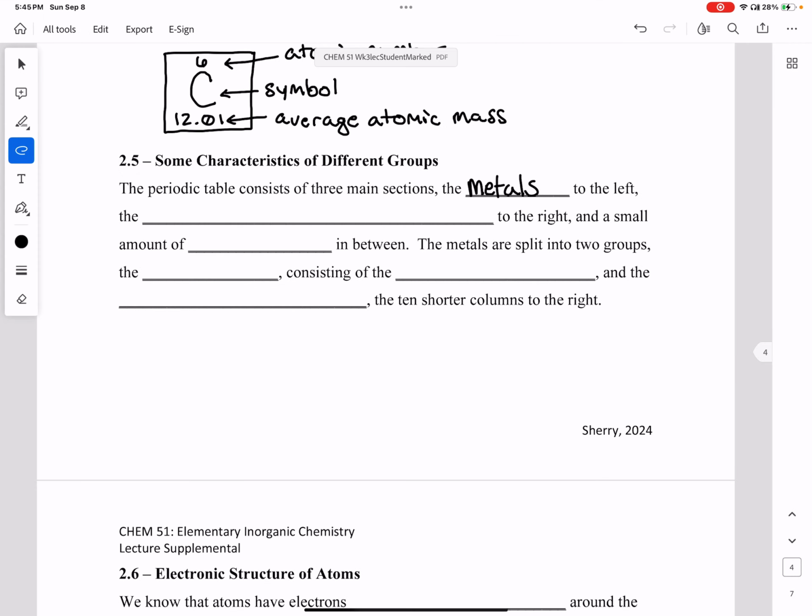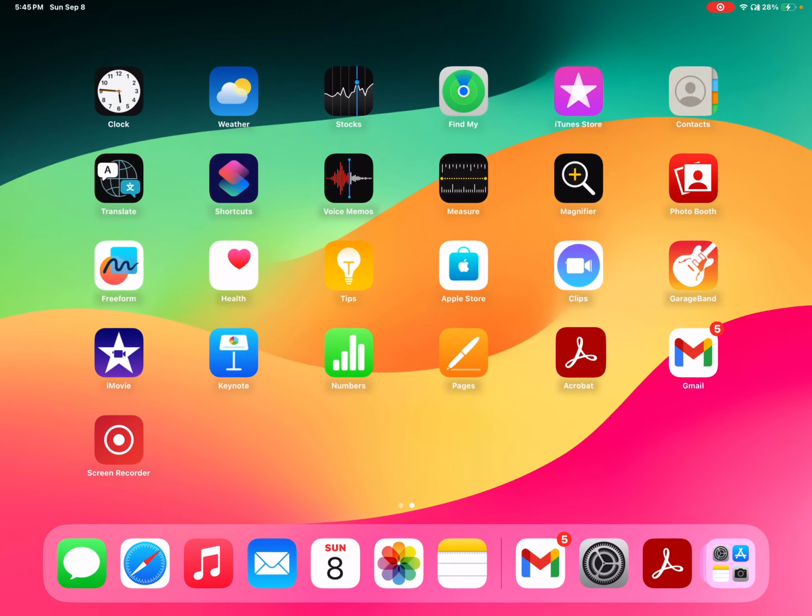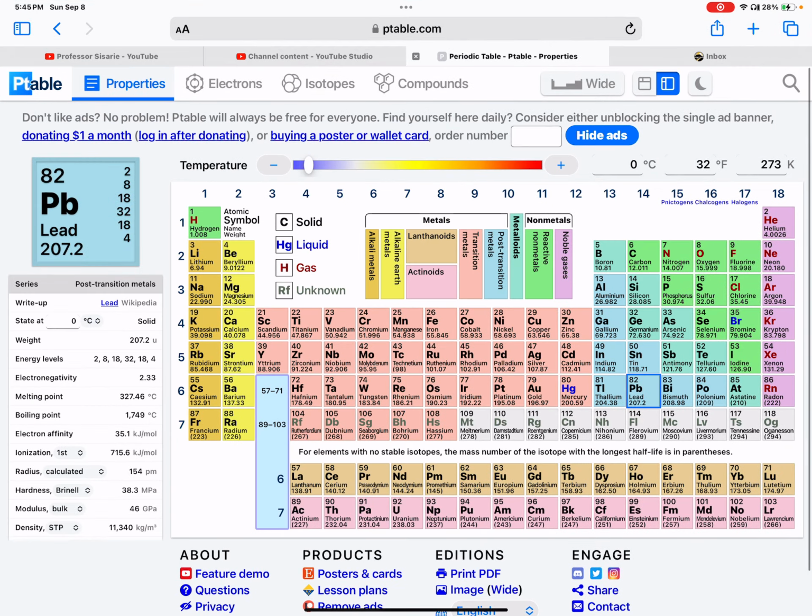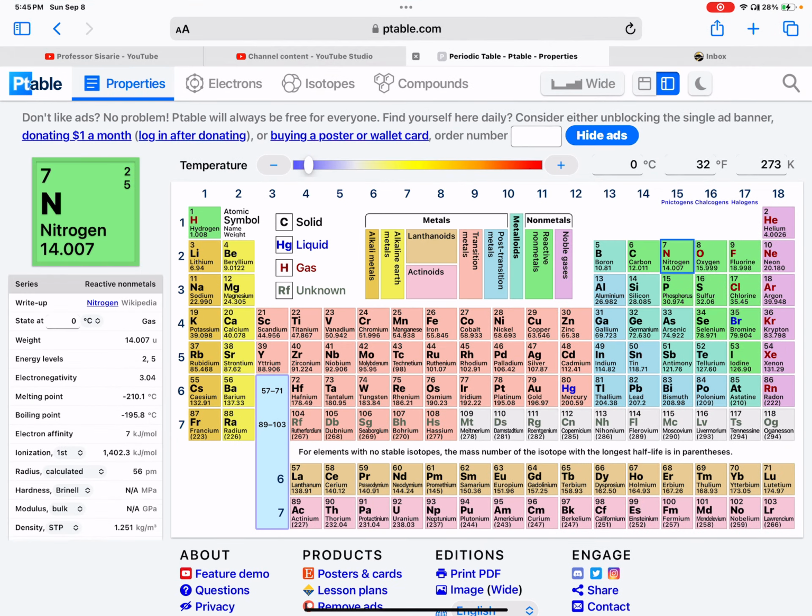Okay, and on the right, above the staircase, we have nonmetals. It's above the staircase on the right. So pretty much everything that's in green here is a nonmetal, as well as these purple ones.